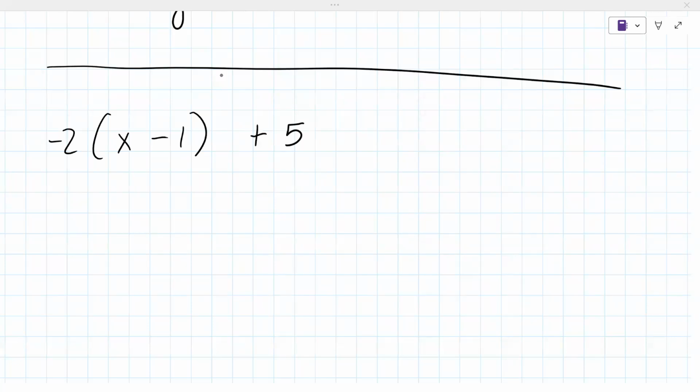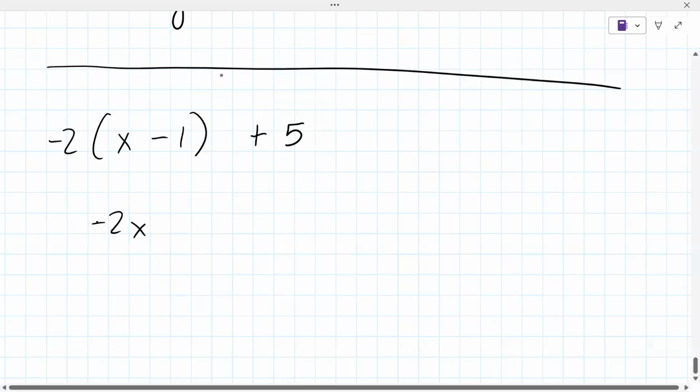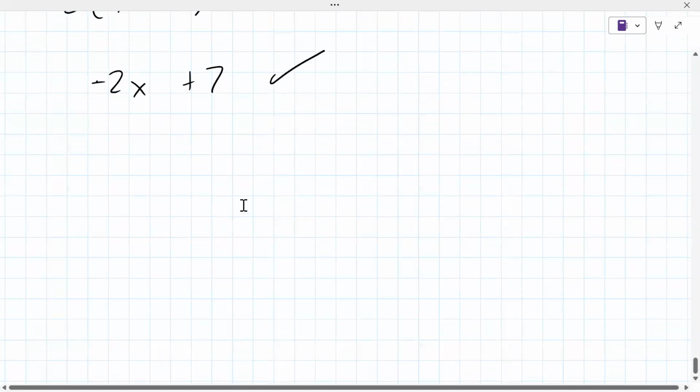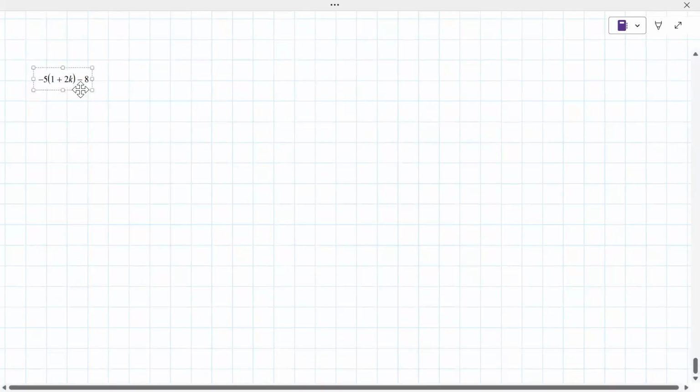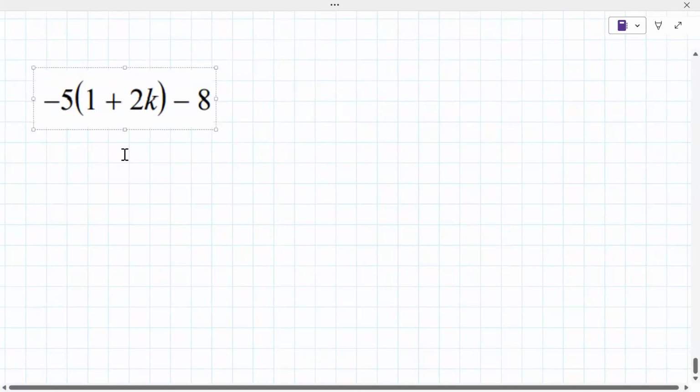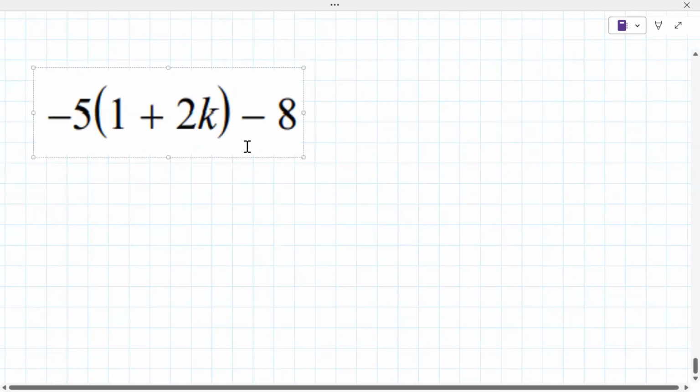Would it be -2x plus 7? You're doing great here. Let's take a look at this. All right, try this one, please. Just a little bit different variation of what we've been doing.